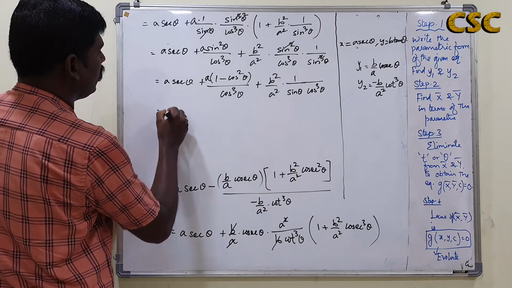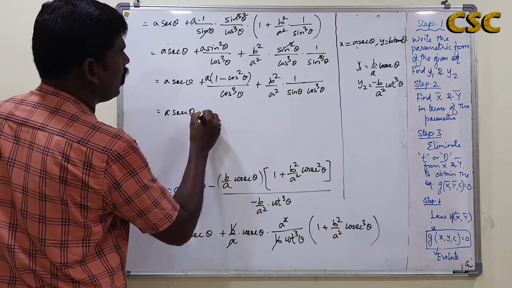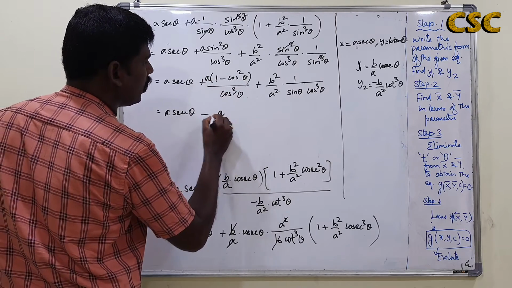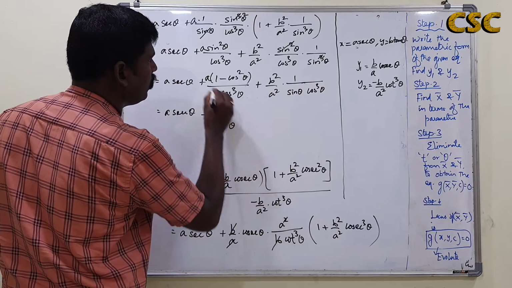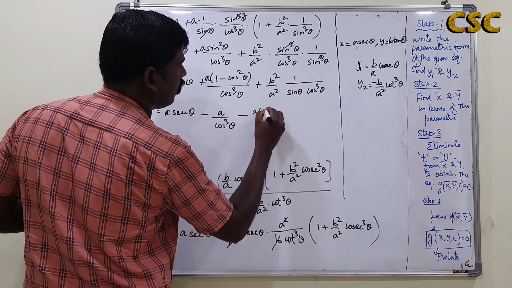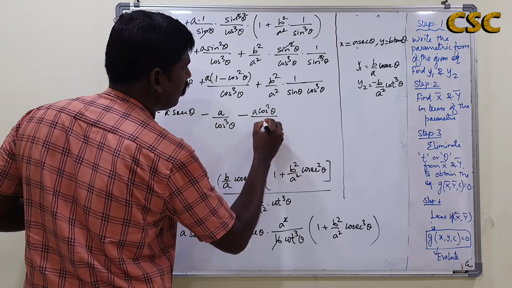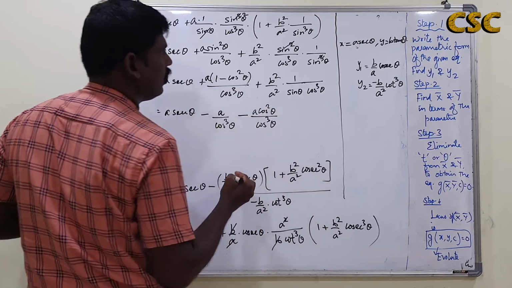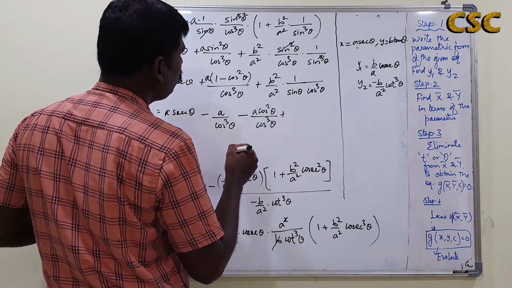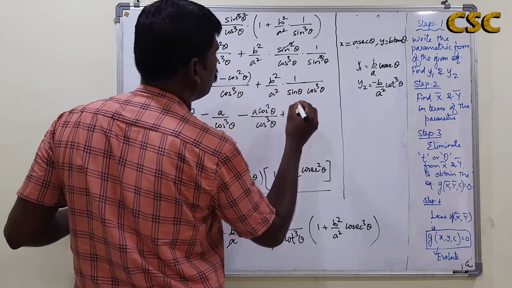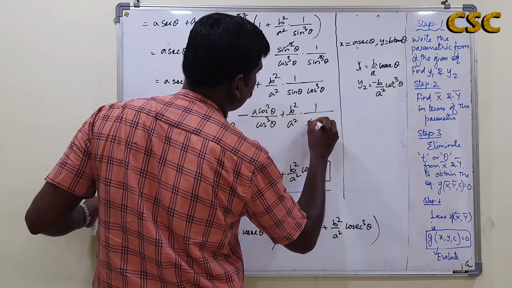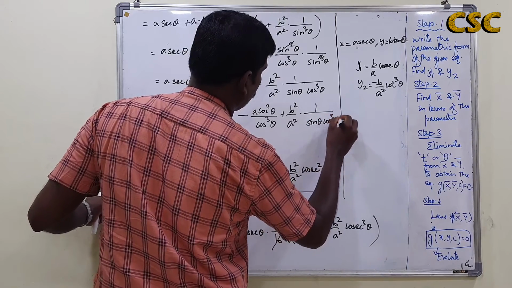Now that is equal to a into secant theta minus, I split it into two terms, a by cos cube theta minus a cos square theta by cos cube theta, right? Plus b square by a square into 1 by sin theta into cos cube theta.